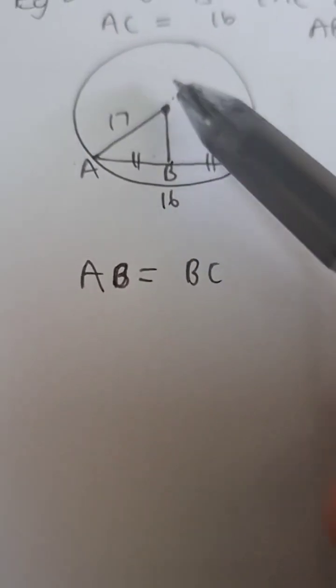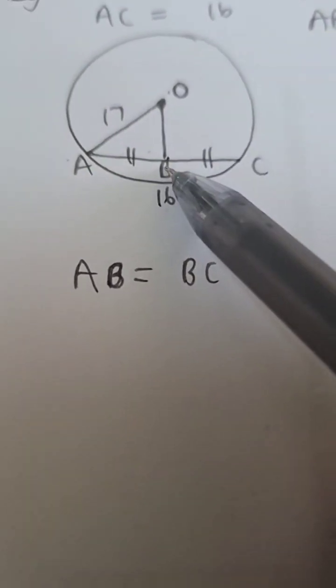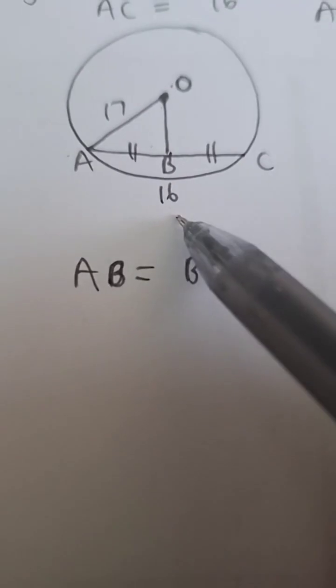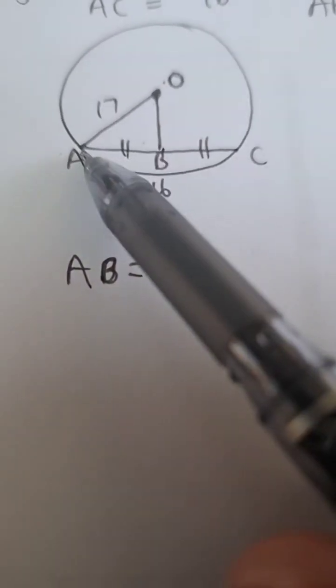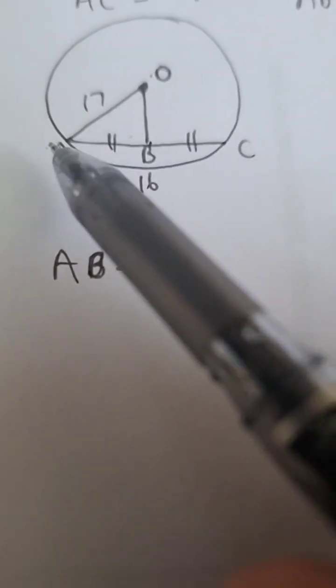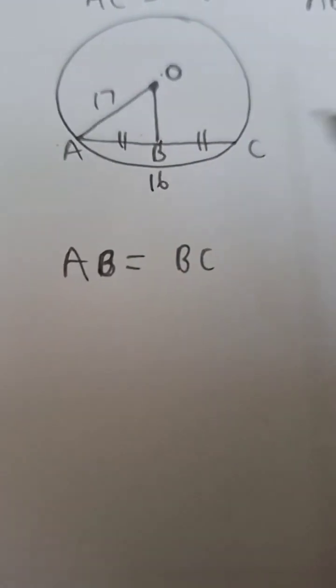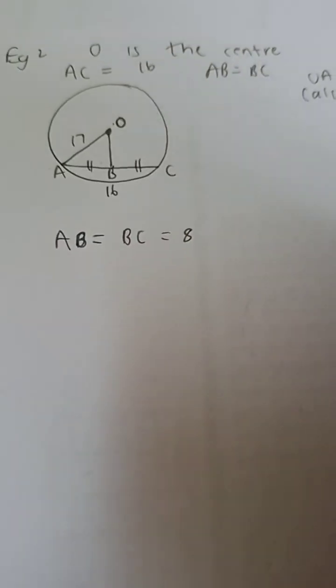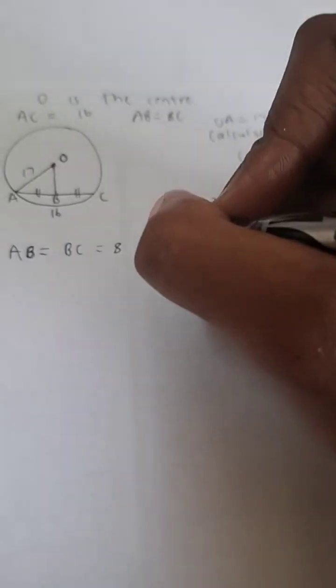Because now I know I want the length of OB, and OB is in the triangle. AC in its entirety is 16, but from the diagram, AB is equal to BC. So AB is equal to BC is equal to 8. Thank you so much, guys. You guys are amazing. It is equal to 8.